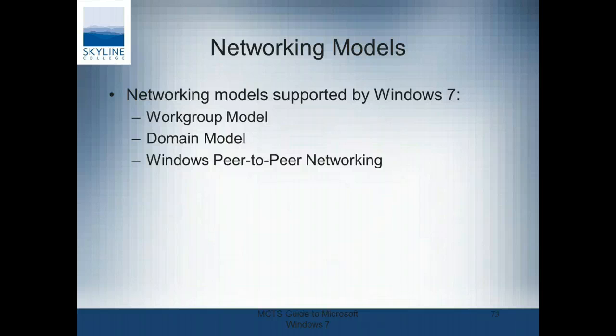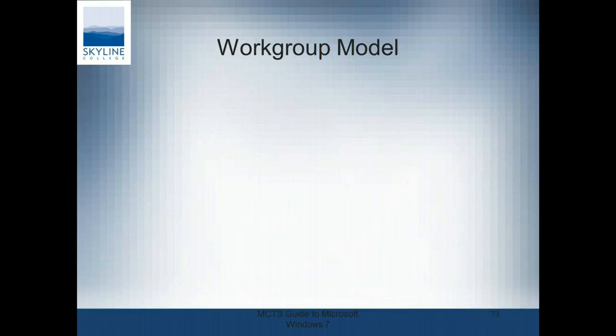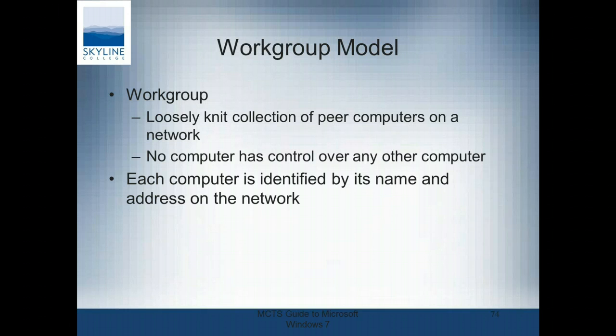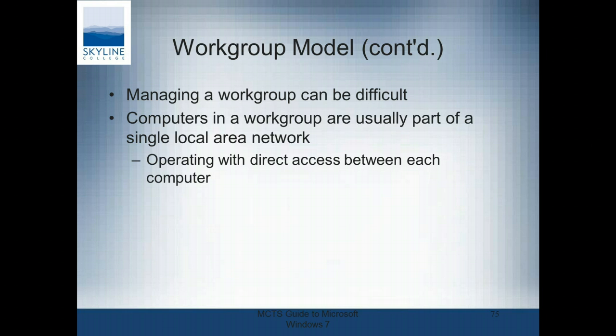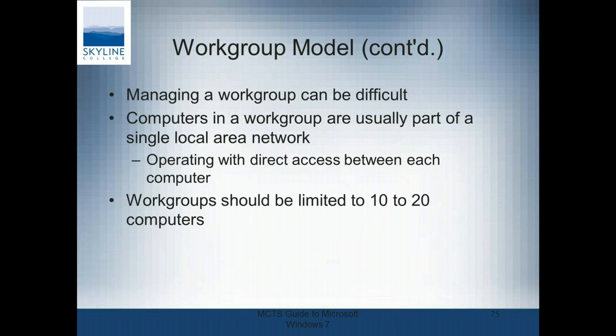Workgroup model and peer-to-peer, not a whole lot of difference in them because it's computer to computer without a centralized authentication server. Managing a work group can be difficult because however many users you have, you have to have those users on every machine in the system. It should be limited to 10 to 20 computers.